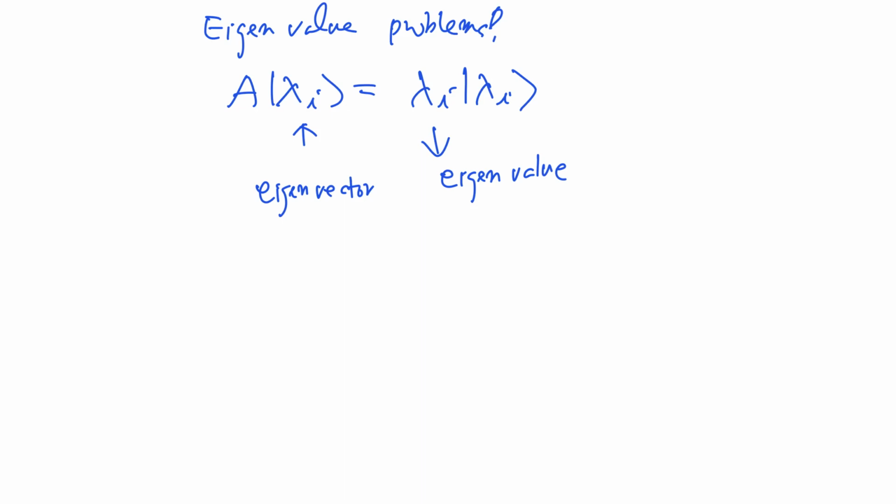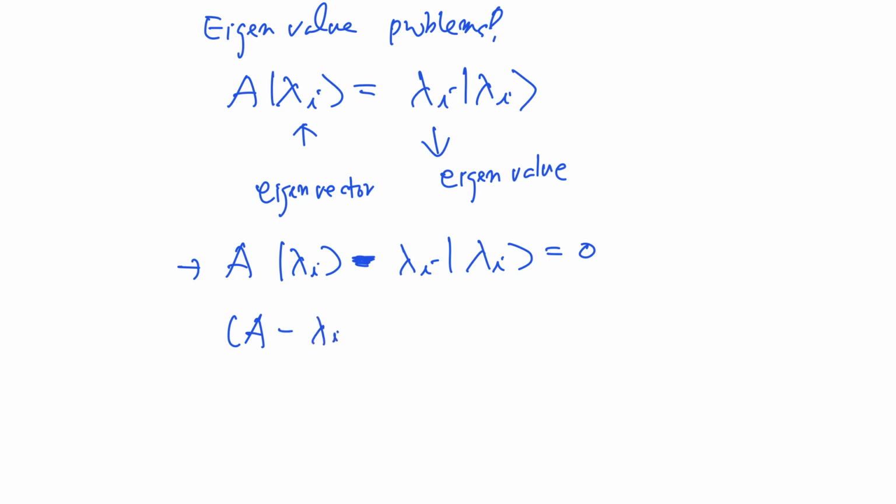Eigen is German. It means characteristic. So you can transform this into A x minus lambda x equal to 0, or A minus lambda I, where I is the identity matrix, times x is equal to 0.